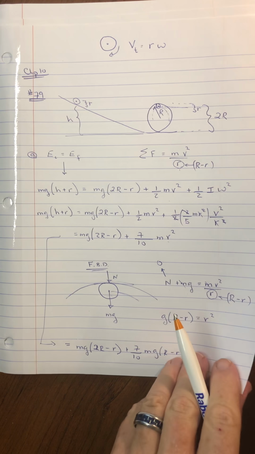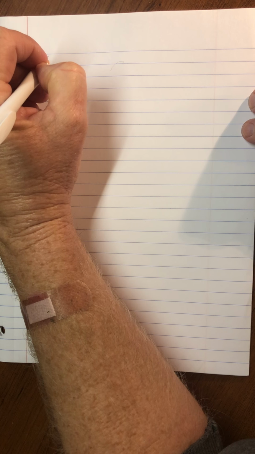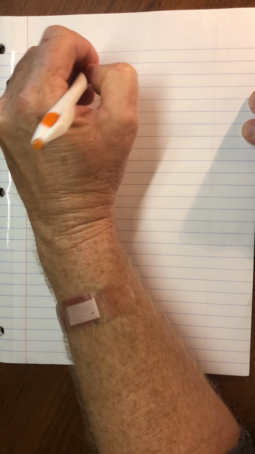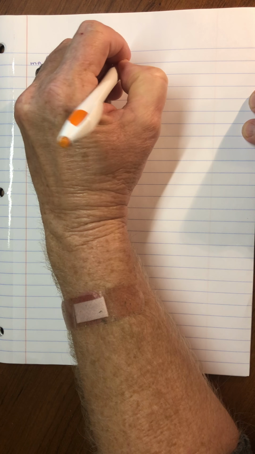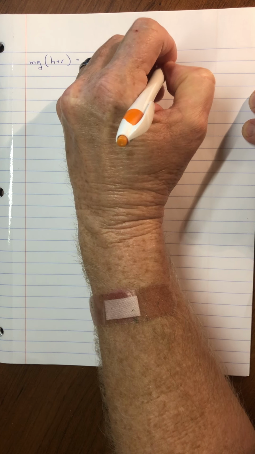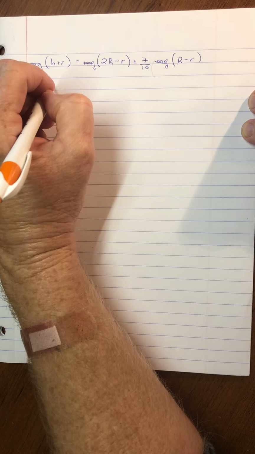And let me go to another page here. But what I have so far then is this mg times h plus little r, and the other side is an mg times 2 big R minus a little r, and now I have a 7/10 mg times big R minus little r, and the mg's show up on every term.